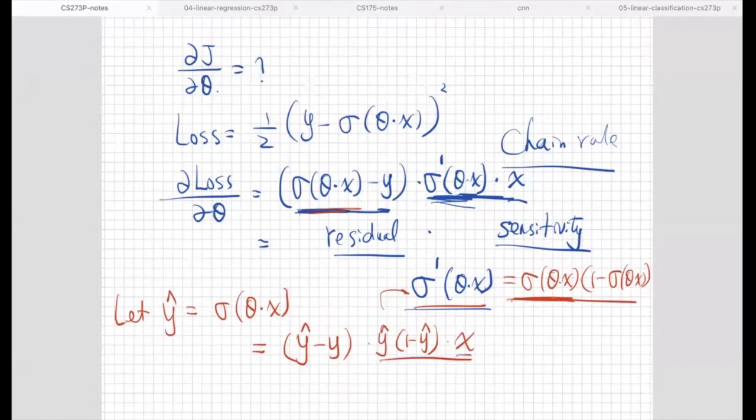So essentially the sensitivity has to be modulated by y hat times 1 minus y hat.